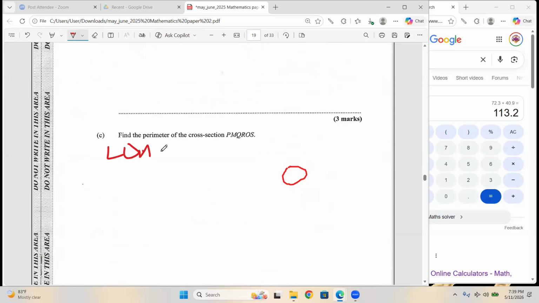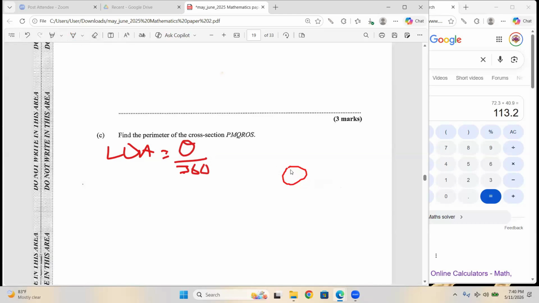LOA, length of an arc, is equal to this formula, which is also on the past paper. So if you don't know it, you get away. But when I say get away, I mean you could check the formula list, okay?